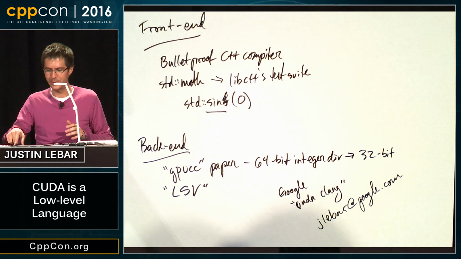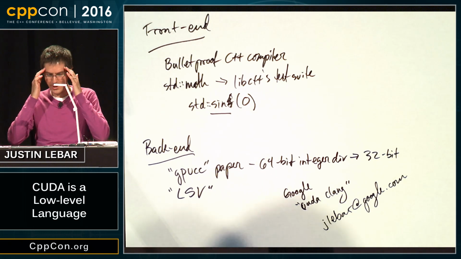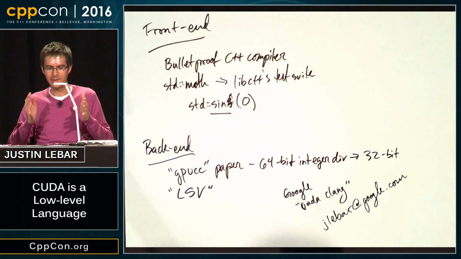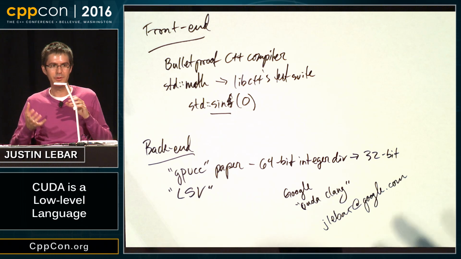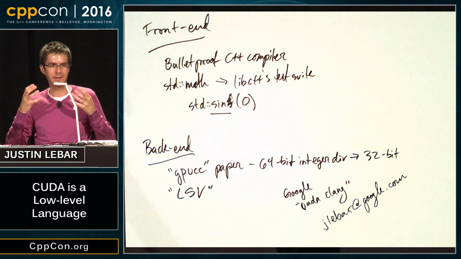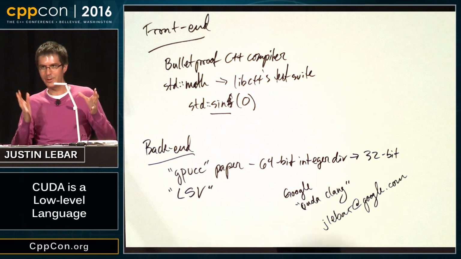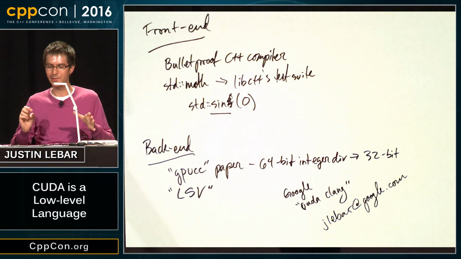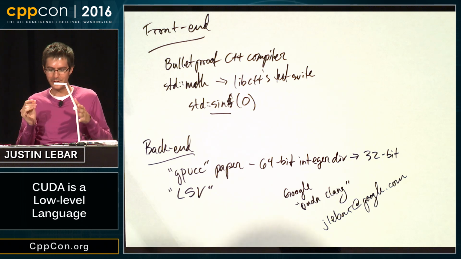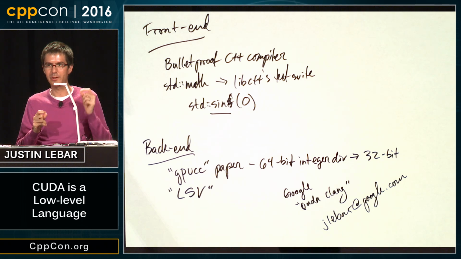Just one final note. There are a bunch of talks at this conference about accelerators, GPUs, and heterogeneous programming, and this is really hot right now. We're thinking a lot about it. But as members of the standards committee or thought leaders in C++, I urge you to think about how you can make something that exposes the low-level interface of the hardware.